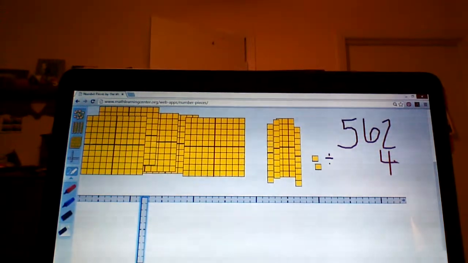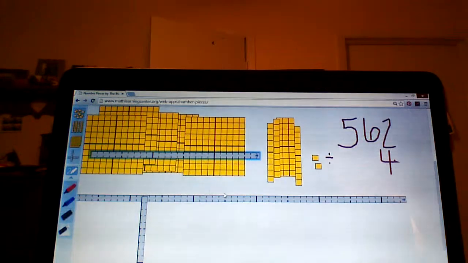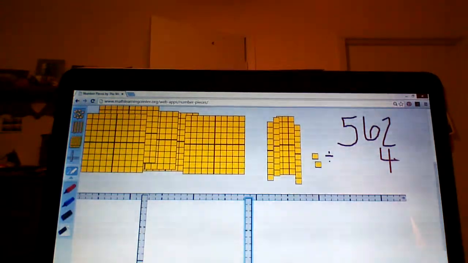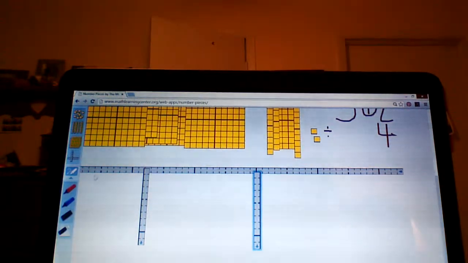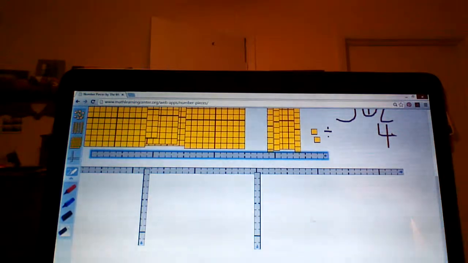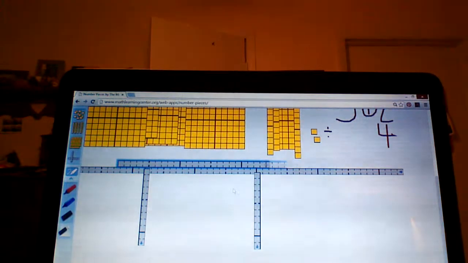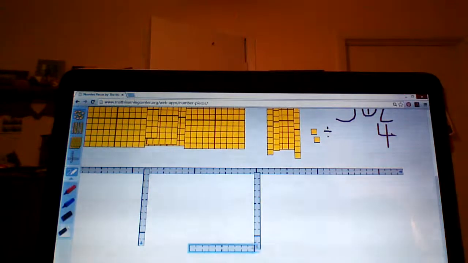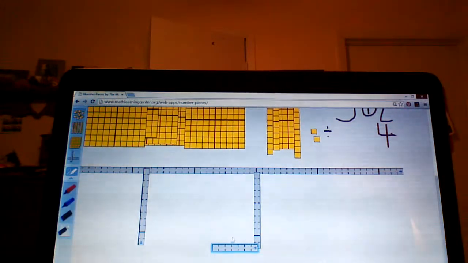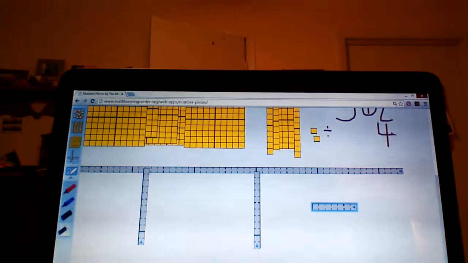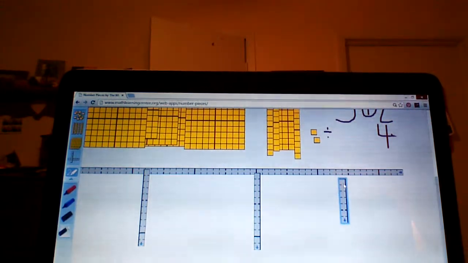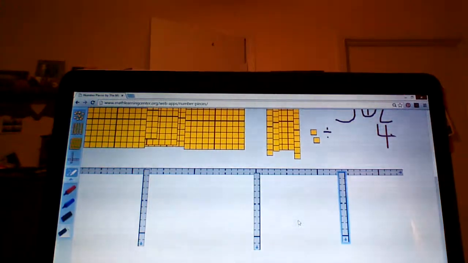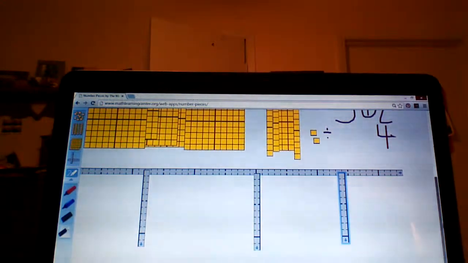So we have one group, 2, 3, 4. 1, 2, 3, 4, and we're going to start with our flats.